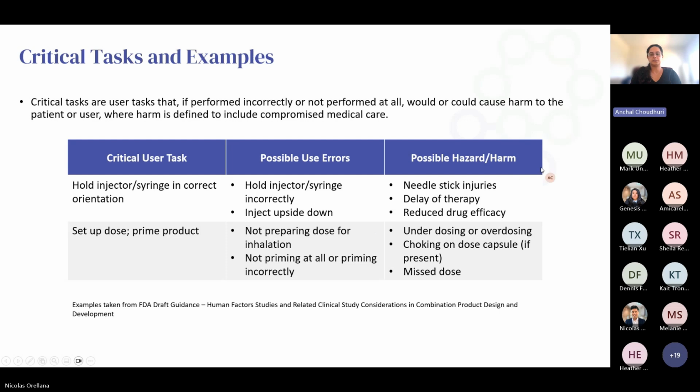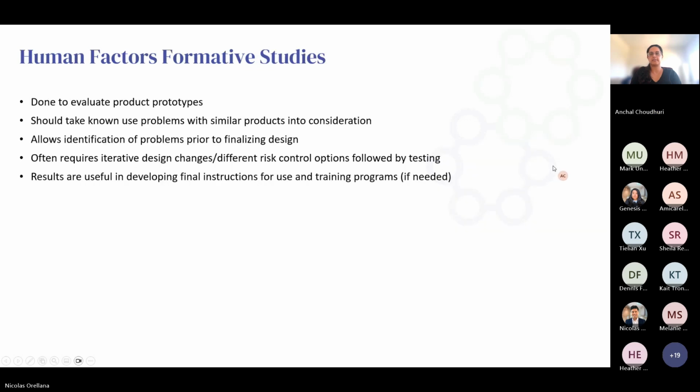So now let's assume that you've identified critical tasks and your product design is not that common. So you decided that human factors testing is going to be needed for your product. So you'll first want to consider formative studies, hopefully early on in product development.